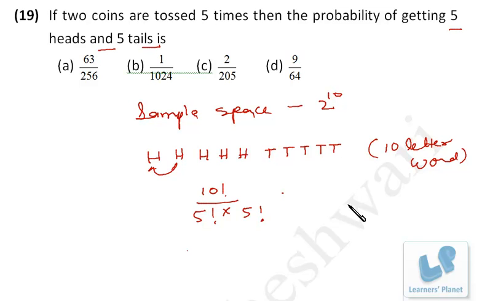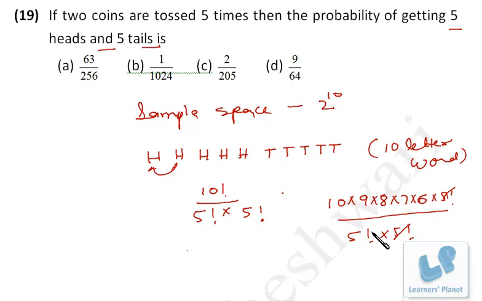I just write it over here: it's 10 into 9 into 8 into 7 into 6 into 5 factorial by 5 factorial into 5 factorial. So it's cancelled. Now it's 5 into 4 into 3 into 2, so 5 2s are 10.